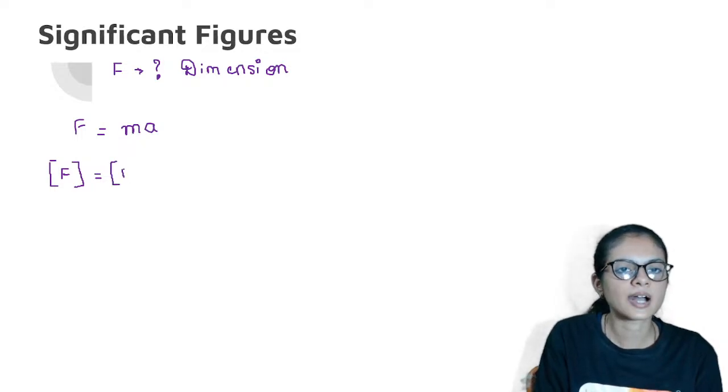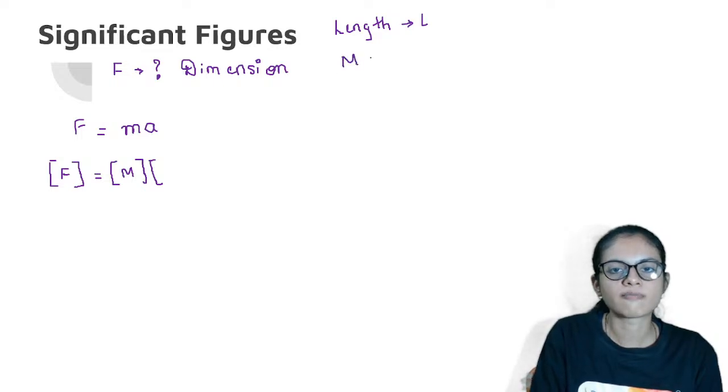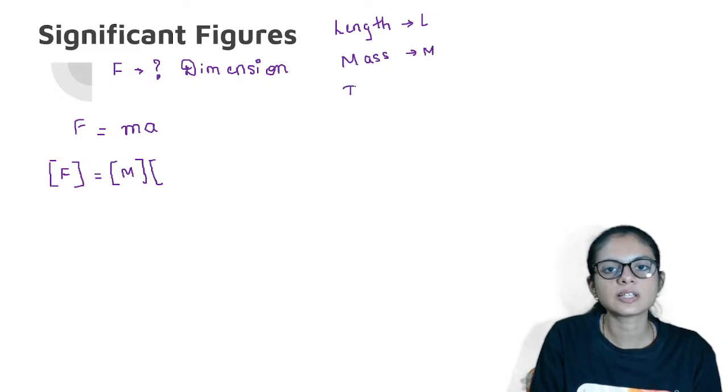The dimension of mass is [M]. Now I want the dimension of acceleration. I don't know that. I just know the dimension of length is L, the dimension of mass is M, and the dimension of time is T.